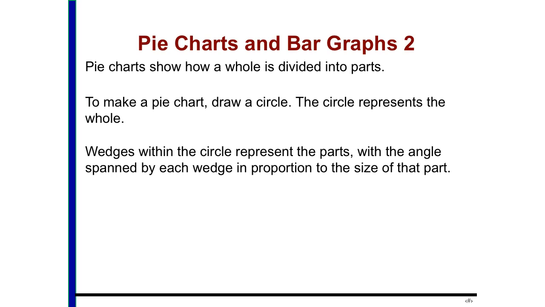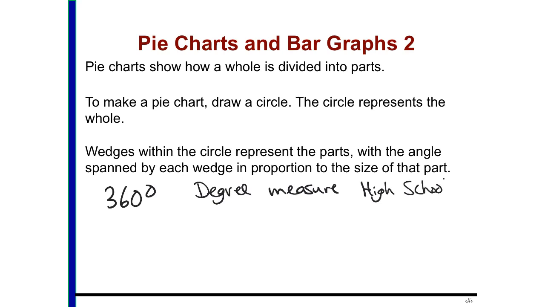So remember, an entire circle is 360 degrees. So if we wanted to say, what is the angle, what is the degree for, let's do the high school grad. We're going to take 360 degrees and times it by our percent.